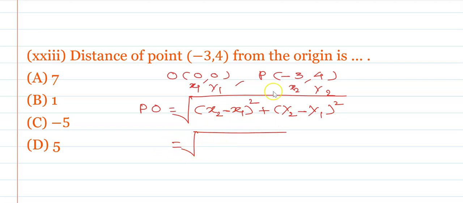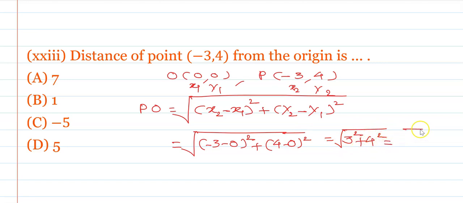Therefore x2 is minus 3 minus 0 bracket square. y2 is 4 minus 0, bracket square, and therefore you will get 3 square plus 4 square, that is root of 9 plus 16, which is equal to root of 25, and that is equal to 5.